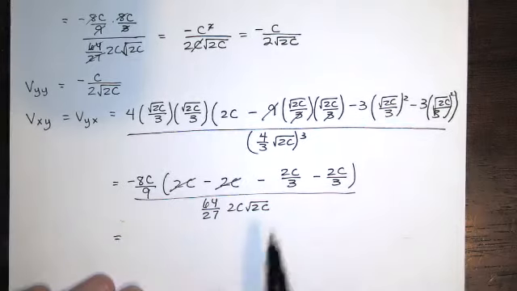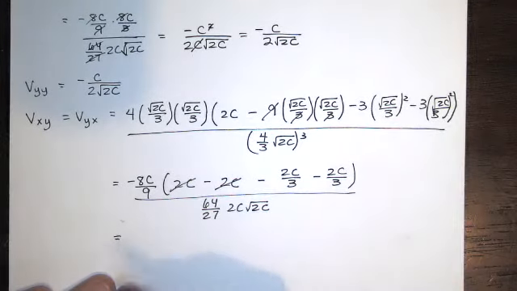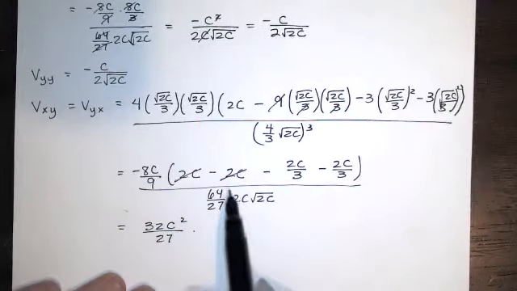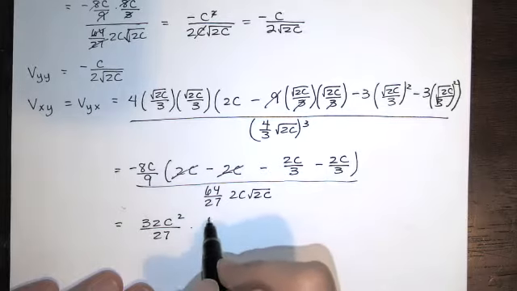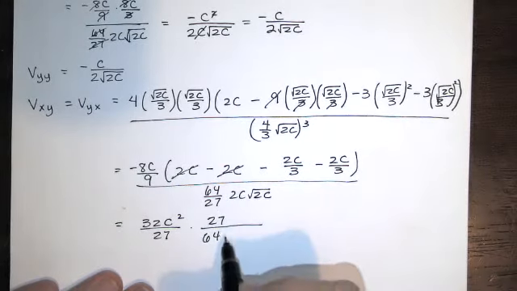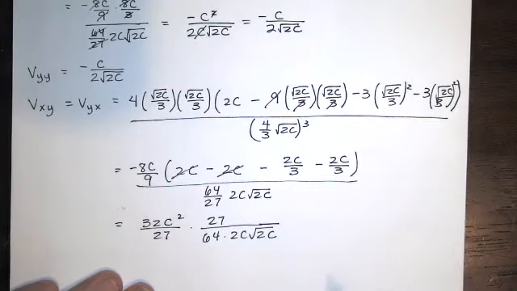If we simplify further, this is going to be negative 4c times negative 8c is 32c squared over 27. And we can multiply by the reciprocal of this. So we'll have 27 over 64 times 2c times the square root of 2c.